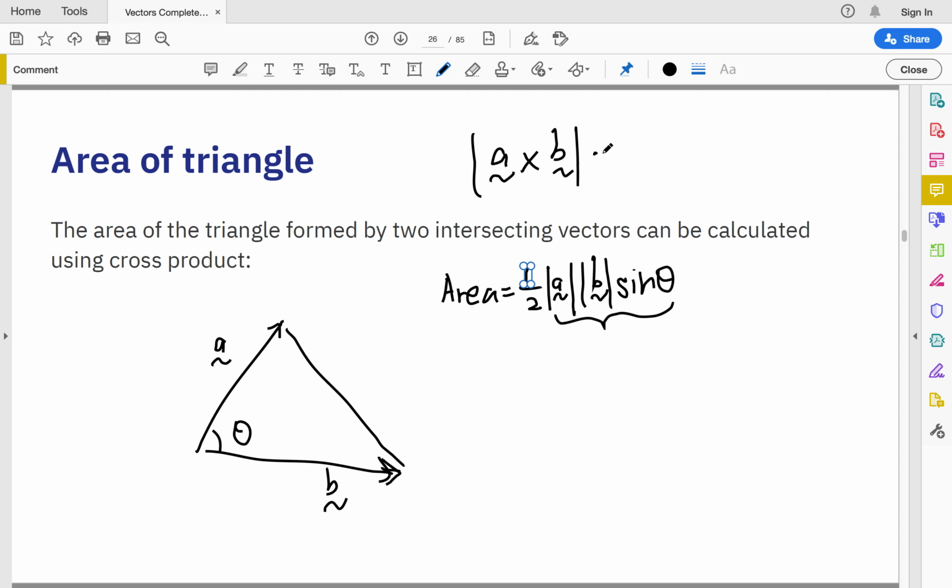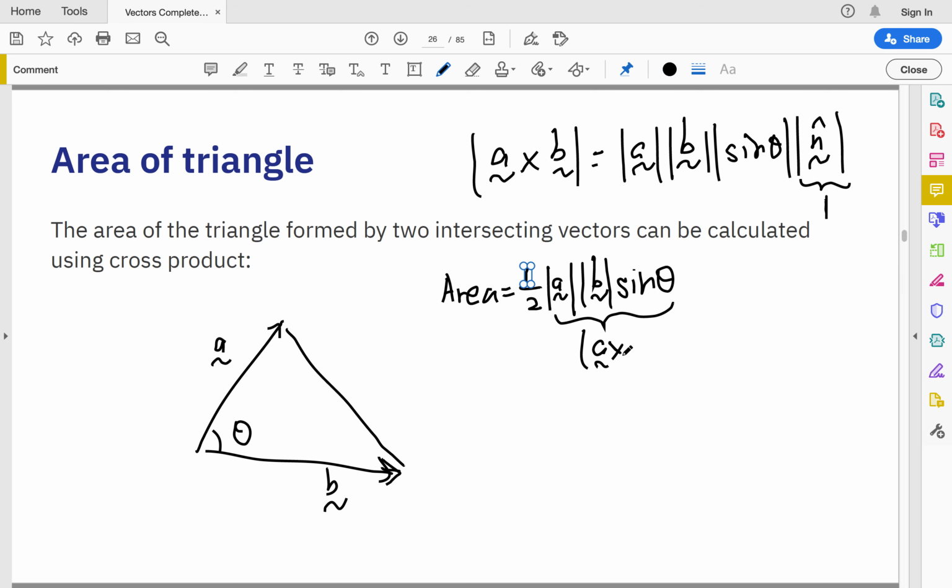When we write our cross product, we get AB sine theta and mod of this. So what we're doing is modding the entire thing, adding modulus signs to both sides. And the modulus of the unit vector is definitely 1. So this is just equal to this.